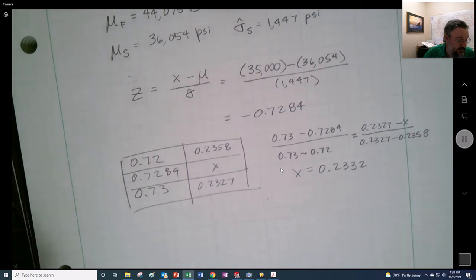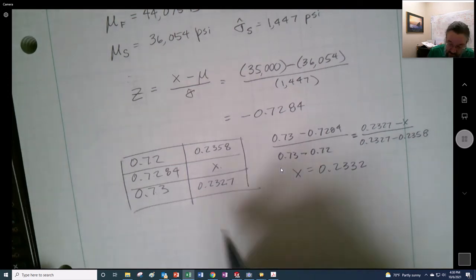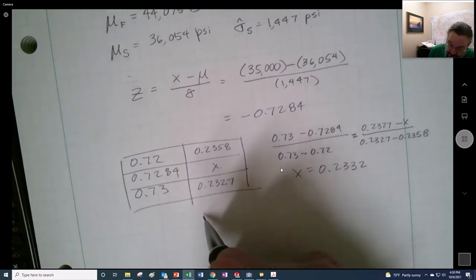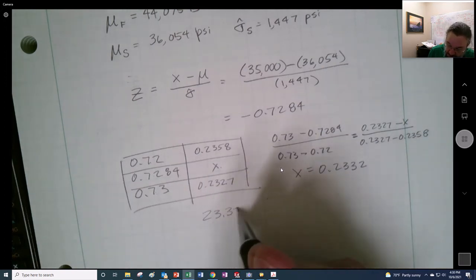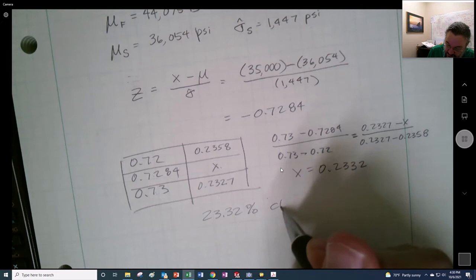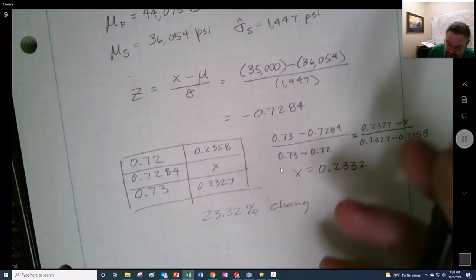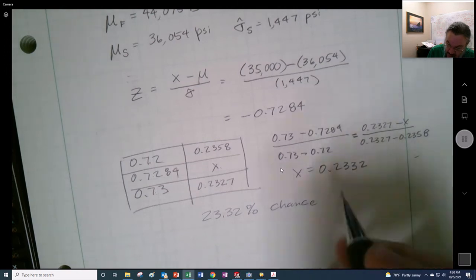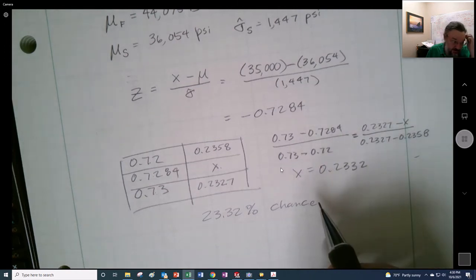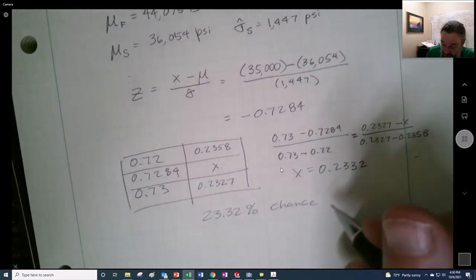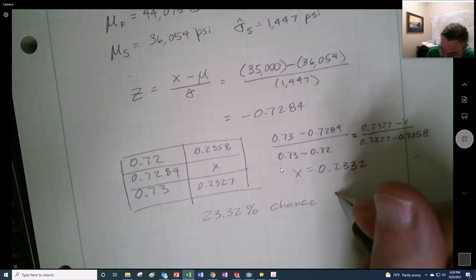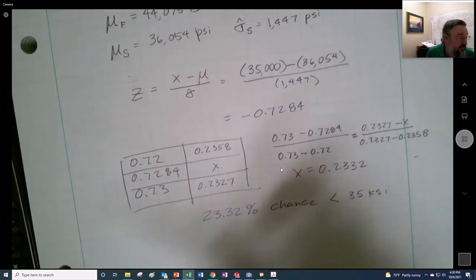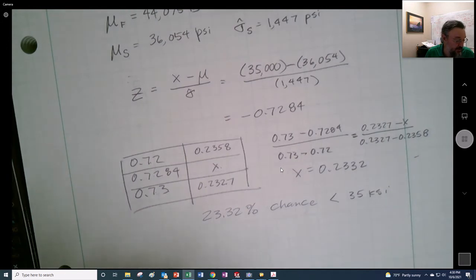And okay, so that what that says to me is that there's a 23.32% chance that it's going to be less than 35 KSI. Is that what it said? The probability. Yep. So that is the probability.